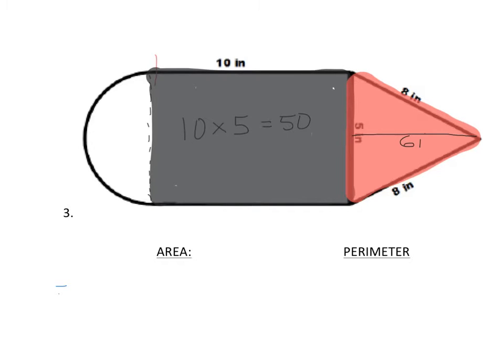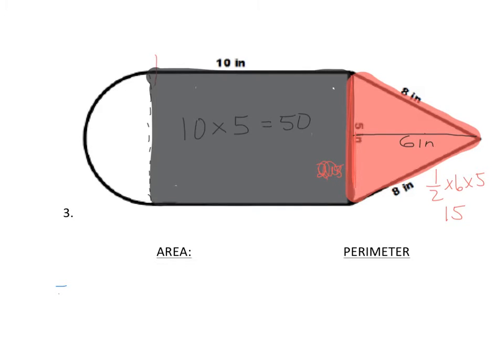And that's 6 inches. So what we're going to do then is use 1/2 times 6 times 5, the whole thing. And when we do that, 1/2 times 6 times 5, we get 15.